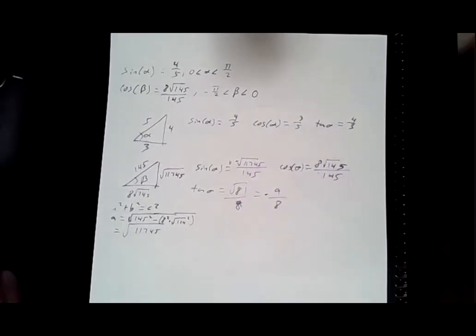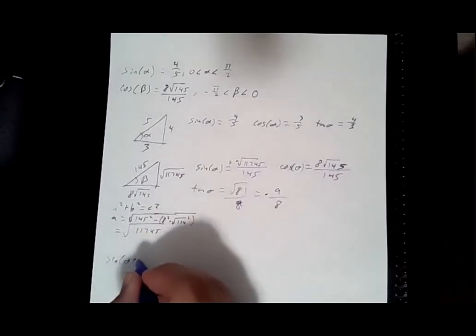So the question was sine of alpha plus beta. We just use the formula. Where did I put that? I wrote it earlier.